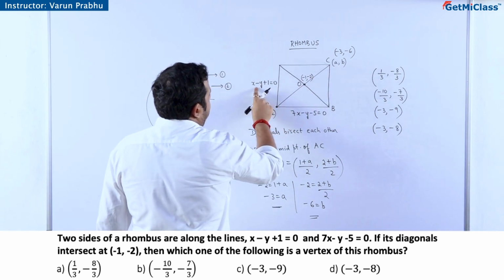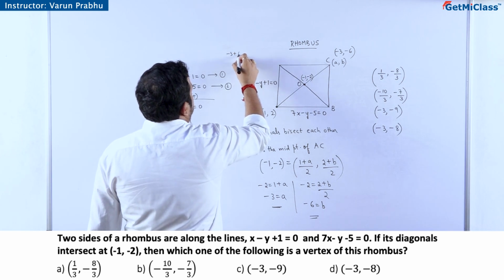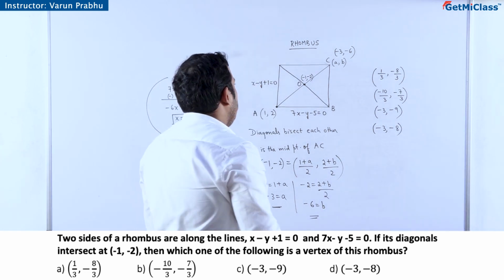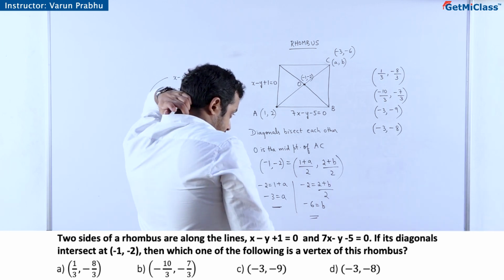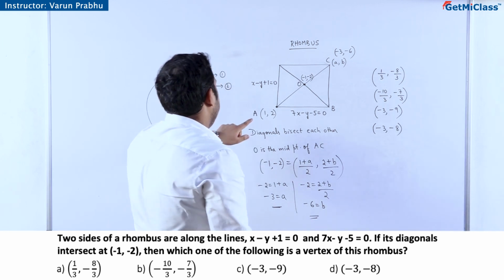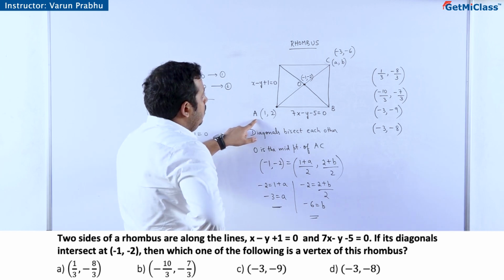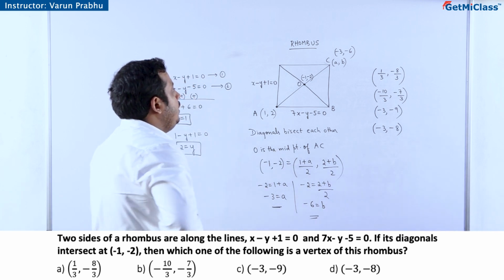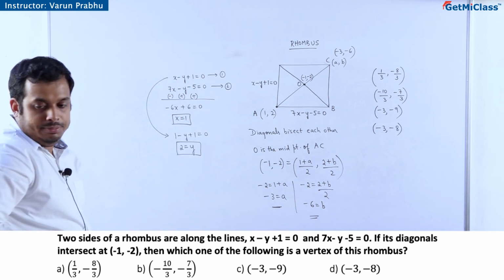Whereas for this one, minus 3 plus 6 plus 1 is equal to 0. So (minus 3, minus 6) is what we get, right? (1 plus a) divided by 2, (2 plus b) divided by 2 should be equal to (minus 1, minus 2), as given in the problem.